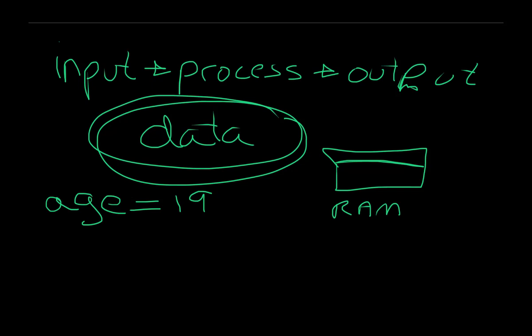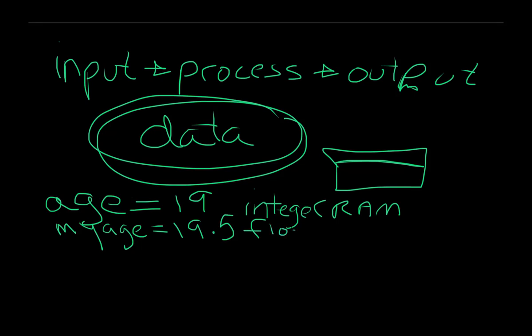So we have to have different types of variables because we have different types of data. So 19 is a number. It's a whole number, so we call that an integer. So this is the int data type in Python. If we decided to do something like a decimal number, so we could say my age is 19.5, so we have some sort of fractional component.